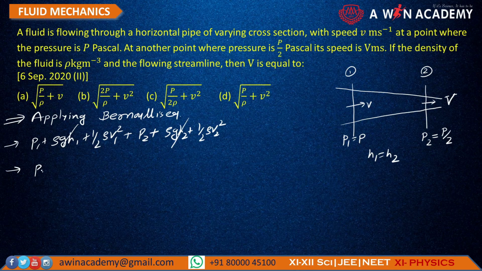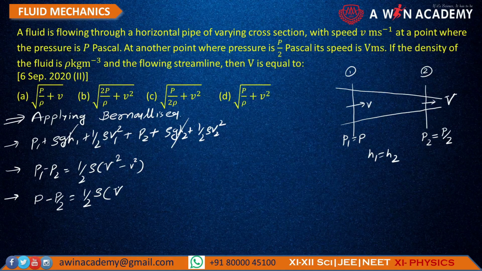And if we note here, P1 minus P2 is equal to 1 by 2 rho times V square minus v square. एक बड़ा V एक छोटा v, ऐसे आप समझ सकते। Here we can put the value of P1 as P and P2 as P by 2, then we will get 1 by 2 rho V square minus v square.